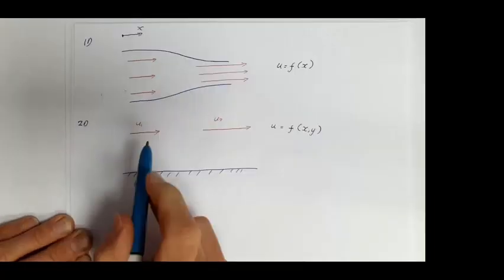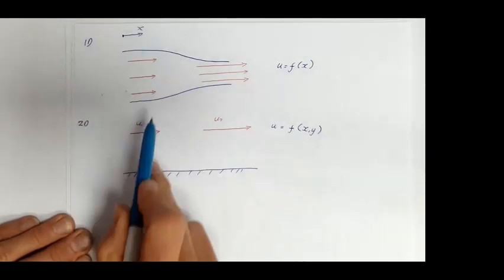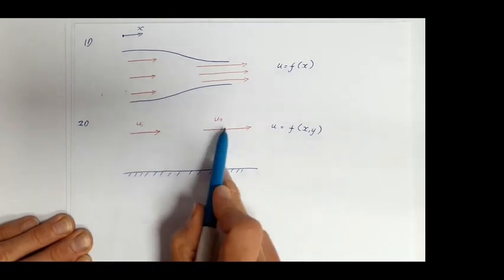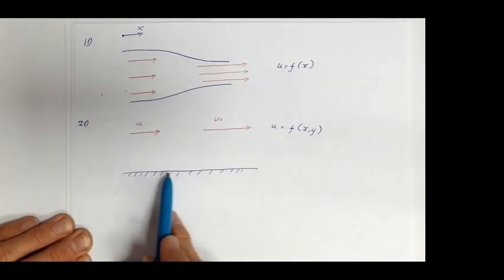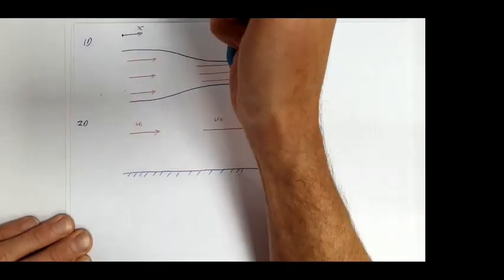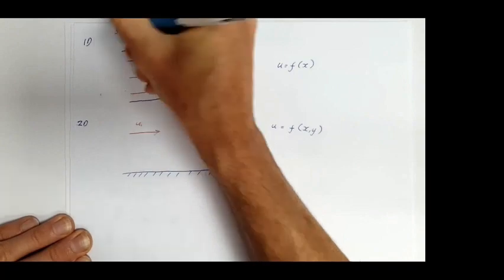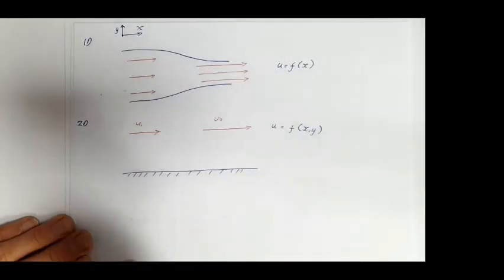So clearly the velocity is changing. Same coordinate system. u is clearly a function of x. But because it's next to a wall, u is also a function of y, if we assume y is vertical.